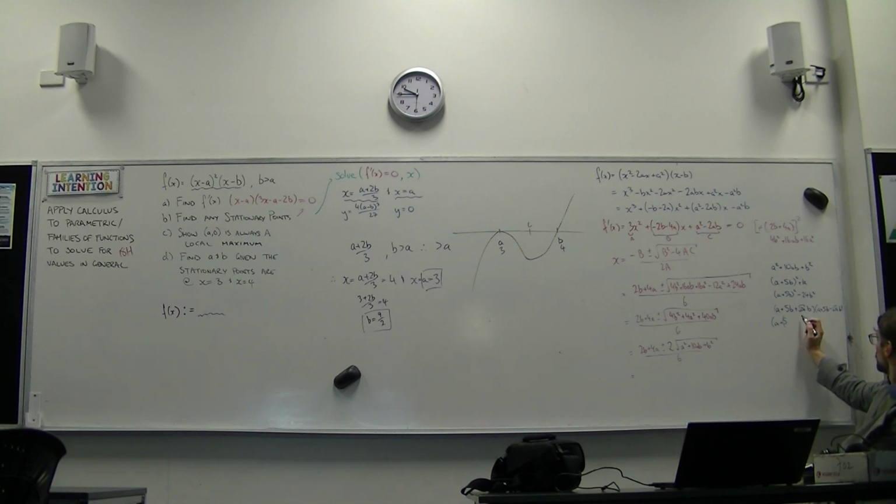An 8, and oh no, 4. So that becomes 2 lots of root 6 b. A plus 5 minus 2 root 6 b. Cool, so we've got that.